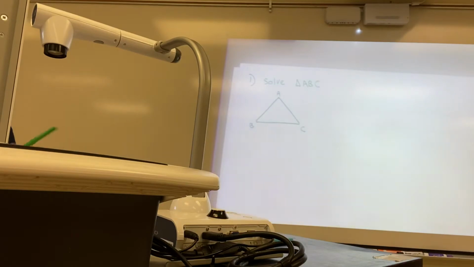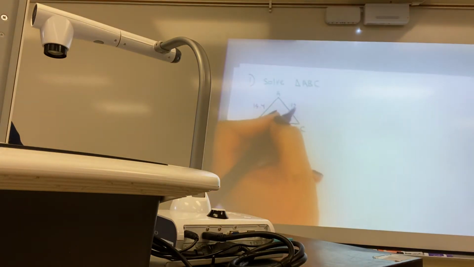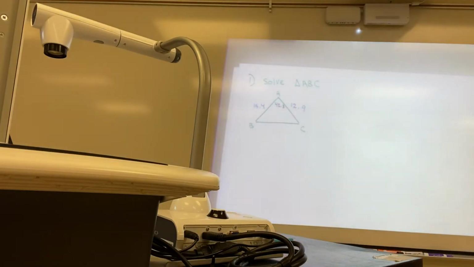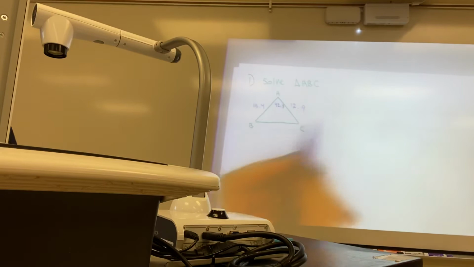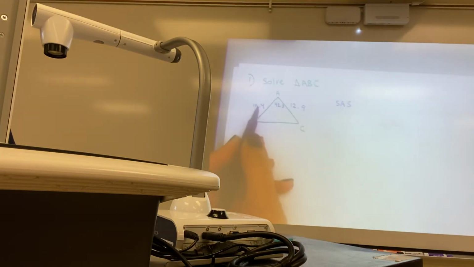In this case, we know this side is 15.4, this is 12.9, and I know this angle A is 42.3. So this is the side angle side case, right? I know a side, an angle, and a side.